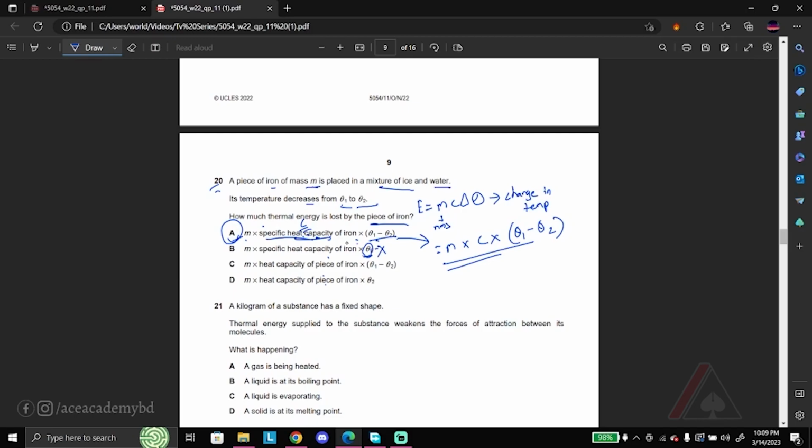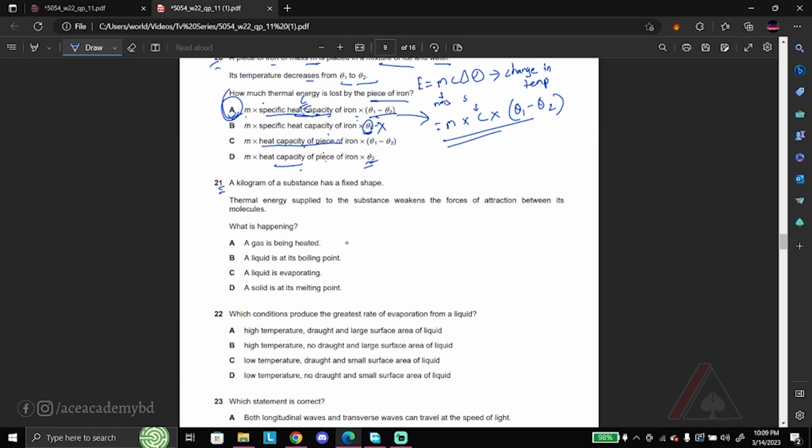C also does something wrong, which is that it uses heat capacity, but in the formula we use c, which is the specific heat capacity, which is quite different because it doesn't consider the mass in this case. And D does the same thing, also a mistake on this end as well.